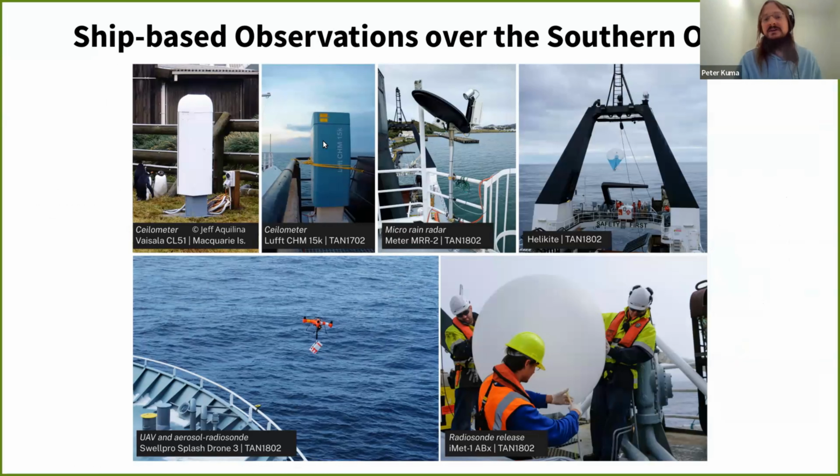That's scattered by clouds mostly, but also aerosols. And so then we can get a structure of the clouds from those measurements. And we had a weather radar, which measures precipitation vertically upwards. This is called a helikite, which is a balloon which is tethered, so it's connected with a line to the ship.